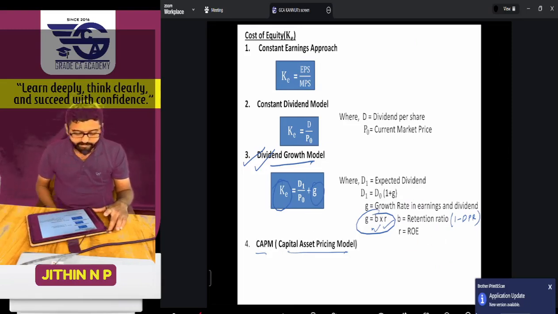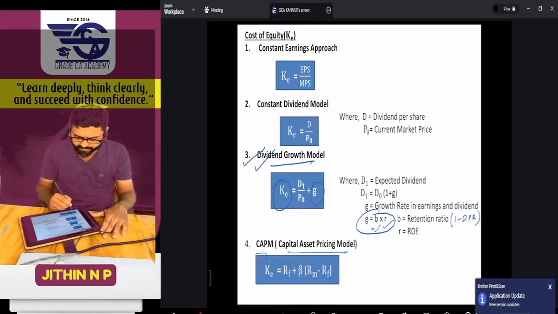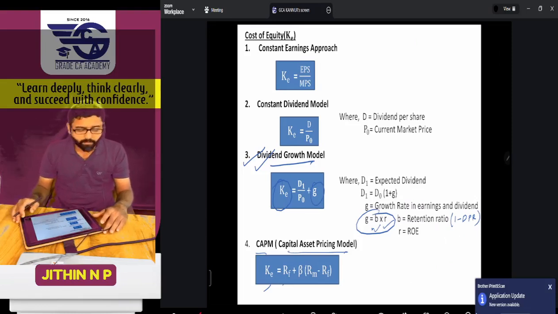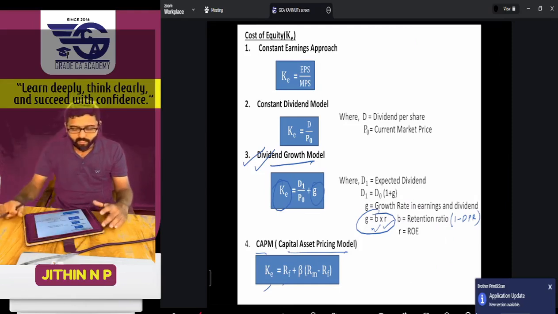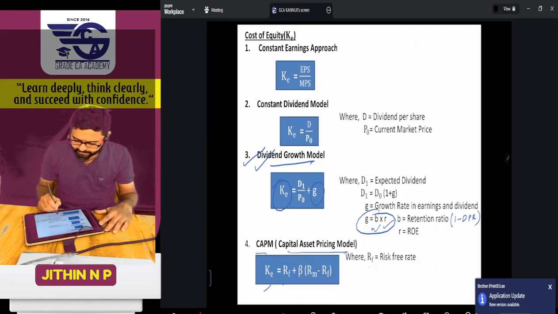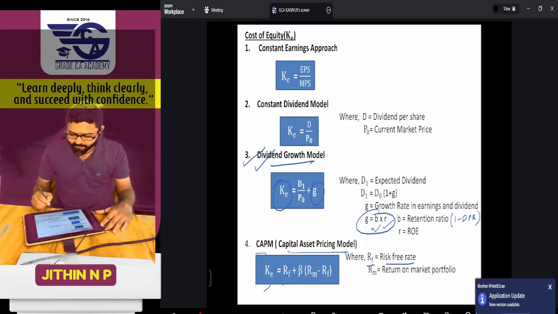Okay. CAPM, the capital asset pricing model. K is equal to RF plus beta into RM minus RF. RF means the risk-free rate. RM is the return on market portfolio.